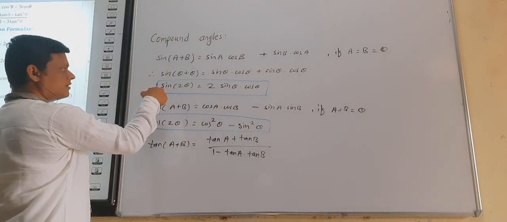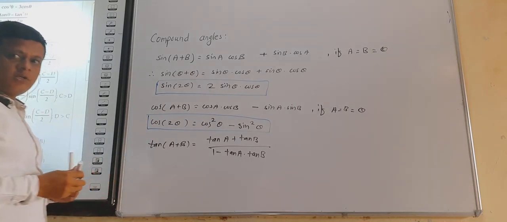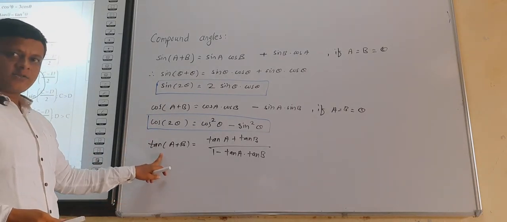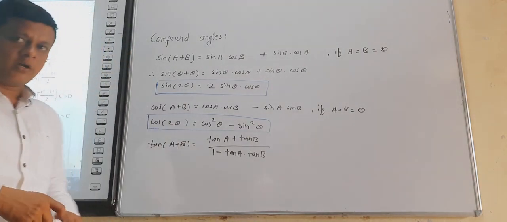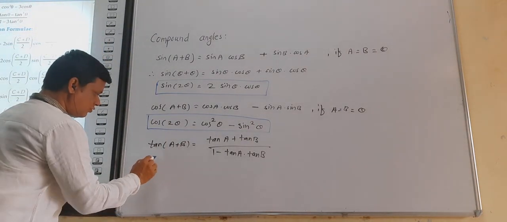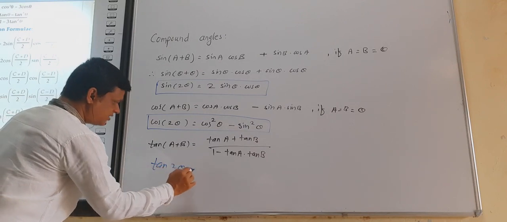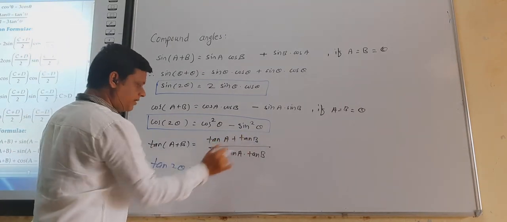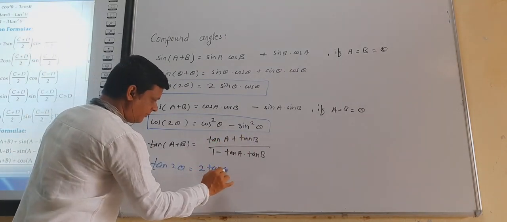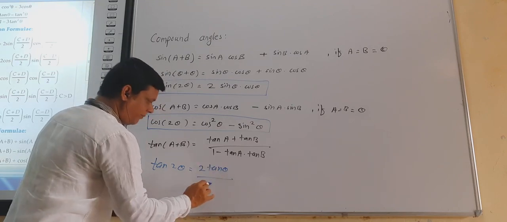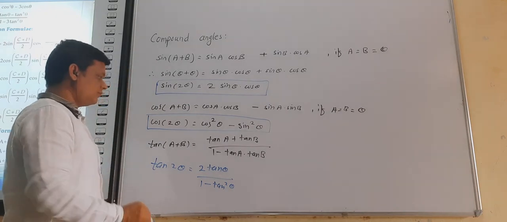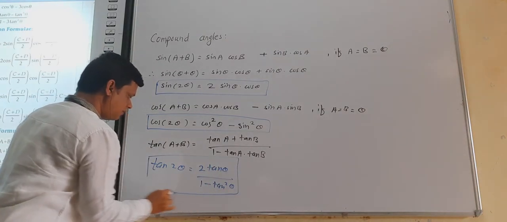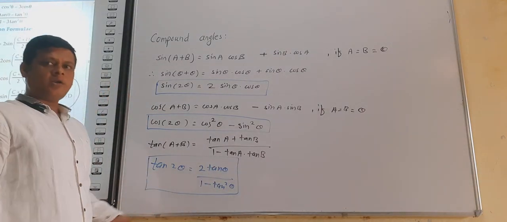This is for sin, this is for cos. Now we make the double angle formula for tan 2 theta. So tan 2 theta equals tan theta plus tan theta, that is 2 tan theta, over 1 minus tan theta into tan theta, that is tan square theta. This is the double angle formula for the tan ratio.